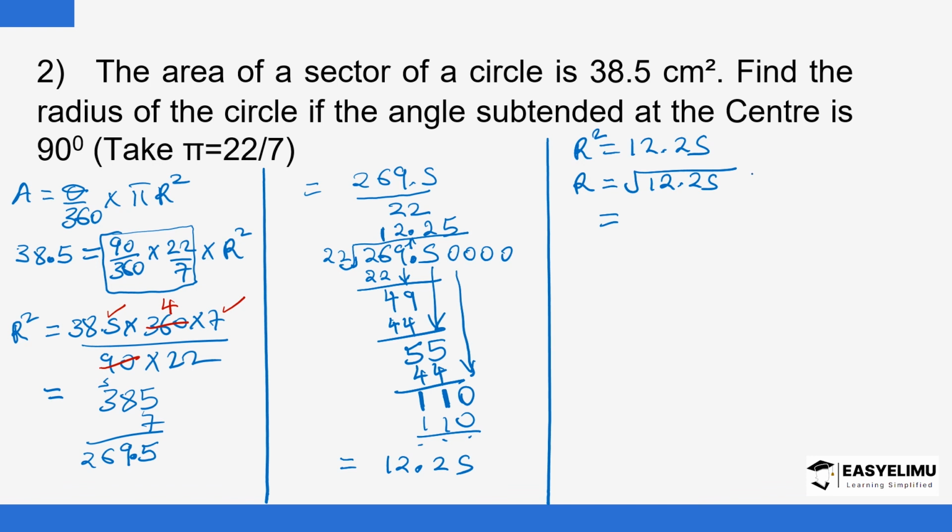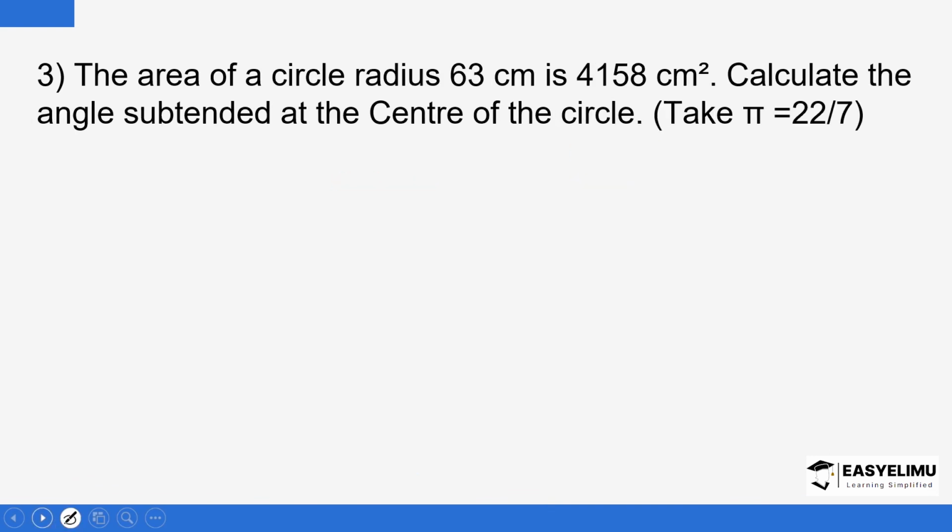You can use a table to help you find the square root of 12.25, and that is going to be 3.5 centimeters. So it's just as simple as that.